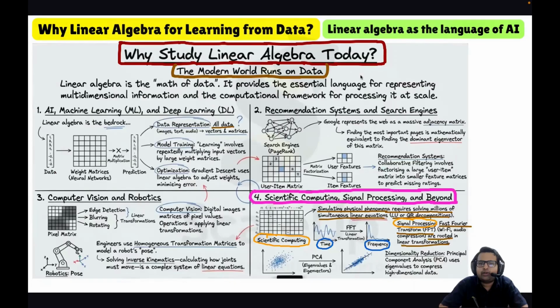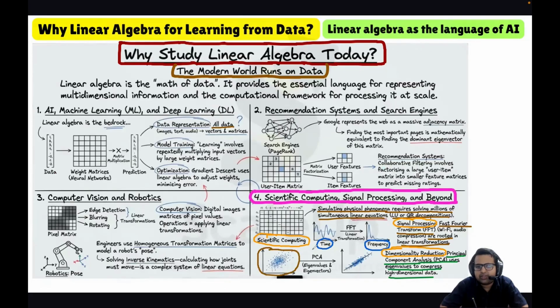And linear algebra also plays a role in dimensionality reduction. Principal component analysis uses eigenvalues and eigenvectors to compress high dimensional data, keeping only the most important features. The idea is that, let us suppose we have some high dimensional data.